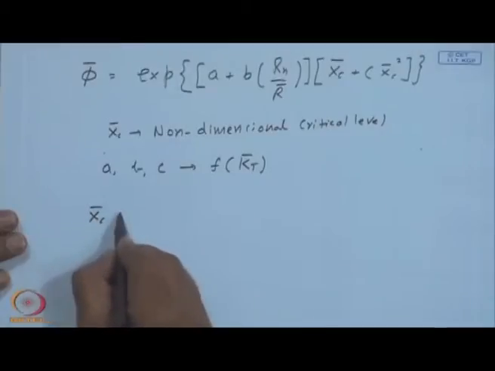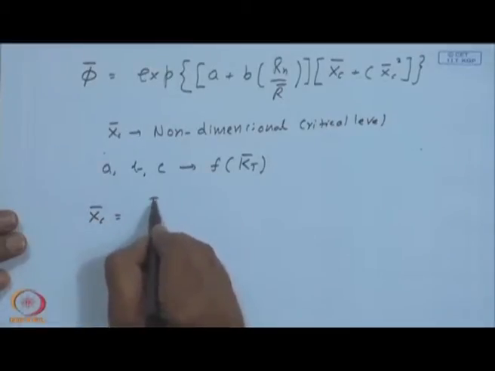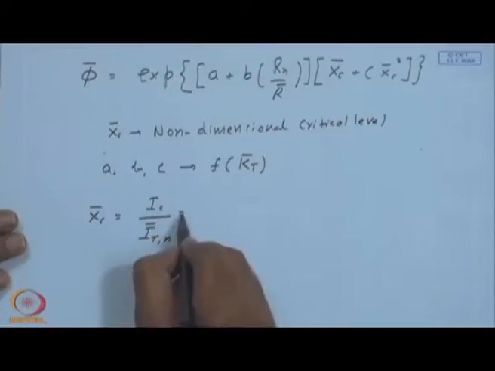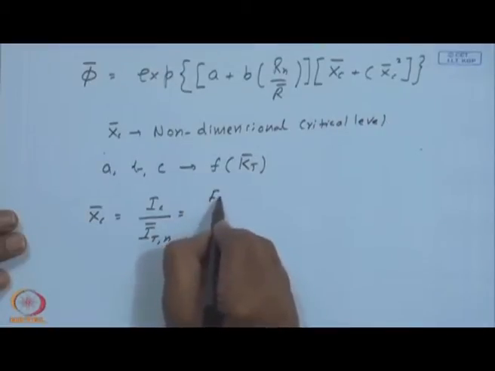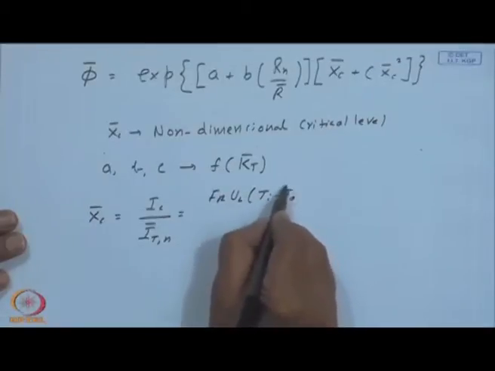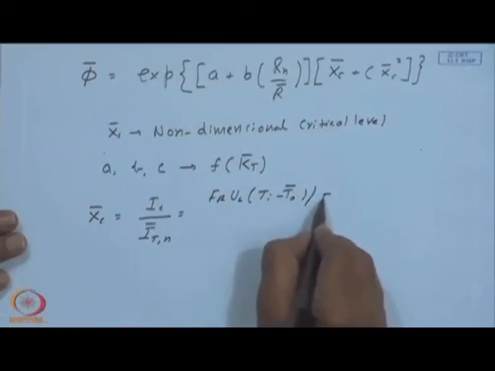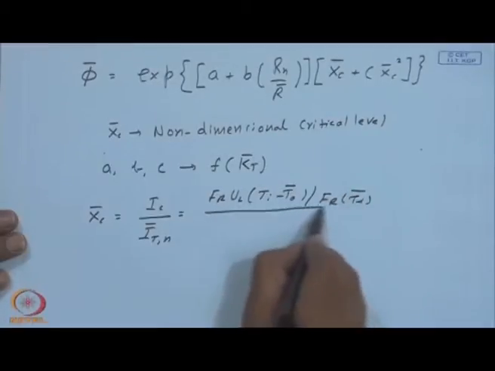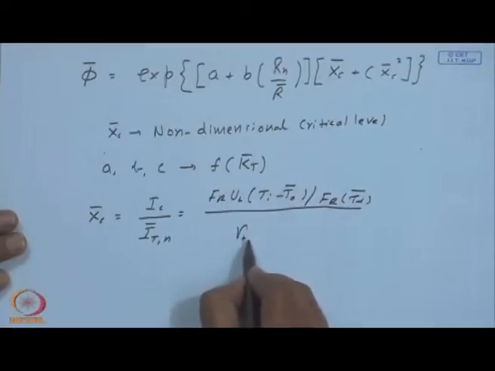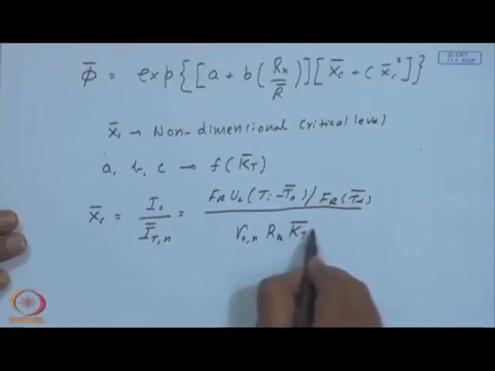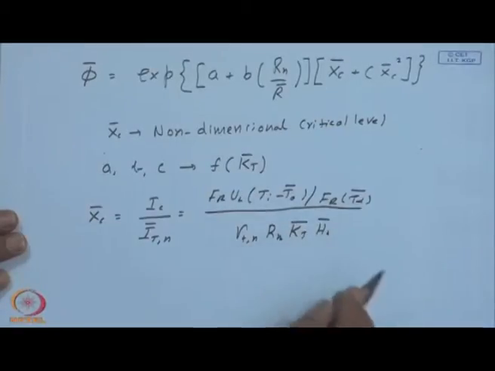This Xc bar is defined as the critical level by I_T at noon time on the average day of the month, which shall be equal to FR UL into (Ti minus Ta bar) by FR tau alpha bar, by RTn Rn Kt bar H0 bar.